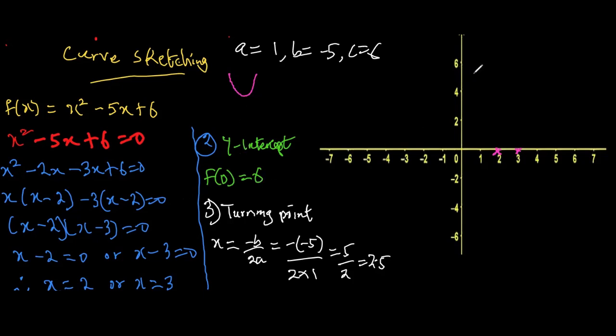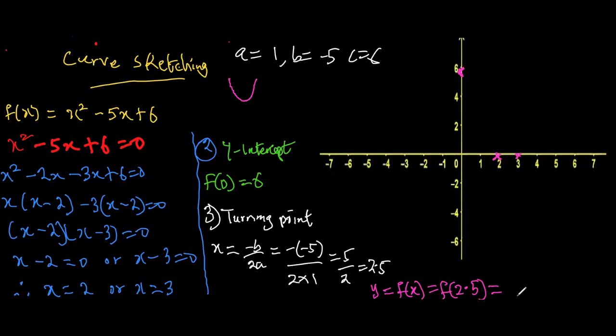And now the curve is going to cut the y-axis at the point where the value of y is 6. Then we look at the turning point where x is 2.5. We are going to get the y value of this turning point. That is, the turning point x is 2.5, then y is f of x, which is f of 2.5.